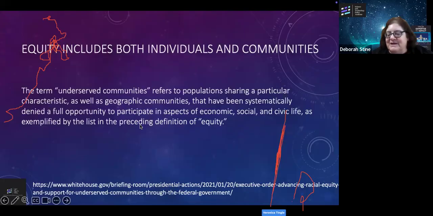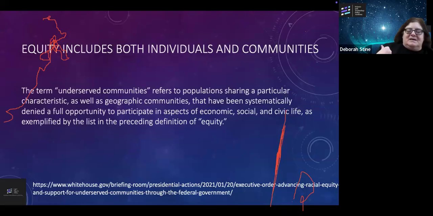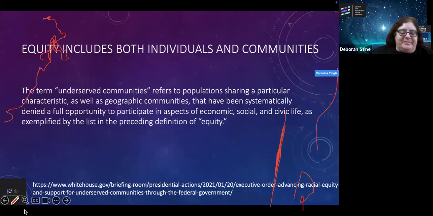And I have no idea why this red stuff is appearing. So that's important to consider for, say, people of First Nations and things like that, who even though they don't live in the same geographic area, might also all be affected by a certain policy.